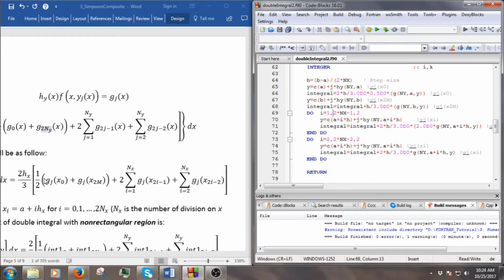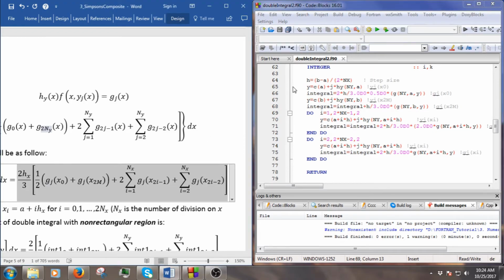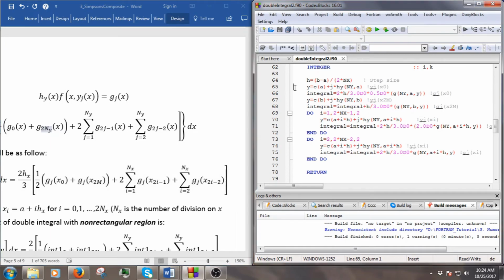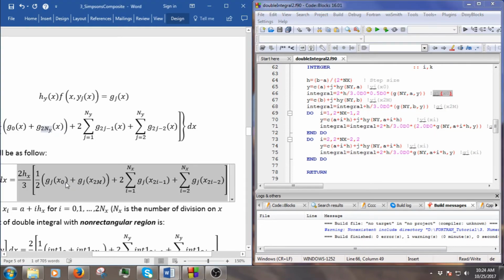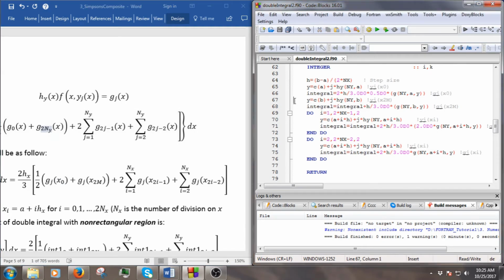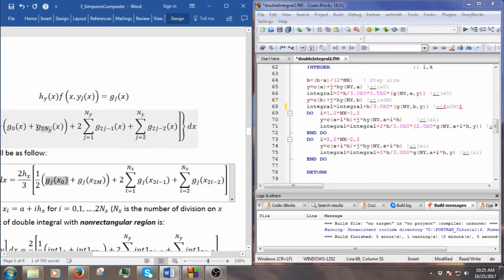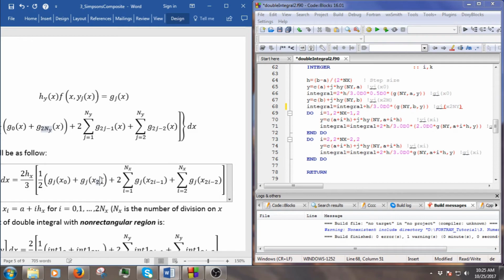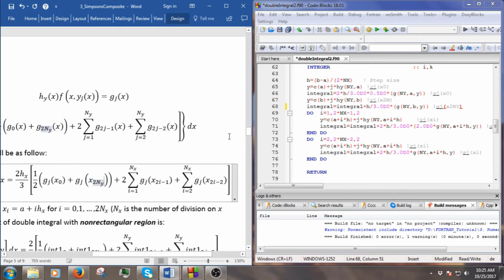We have this line. It computes g_j where x equals x_0 here, and the next line here computes g_j when x equals x_n. So this is this part. Oh, it is not m. Okay.